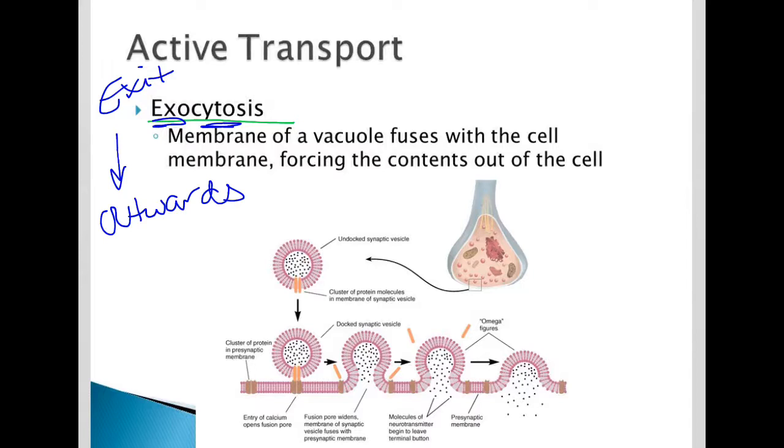And so in exocytosis, the membrane of a vacuole fuses with the cell membrane, forcing the contents out of the cell. It is literally endocytosis in reverse. We start with the vesicle, it fuses with the cell membrane, and then pushes its contents into the extracellular space, the space outside of the cell.